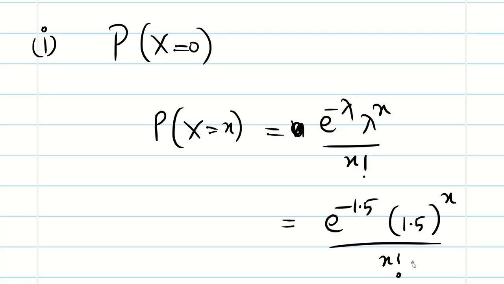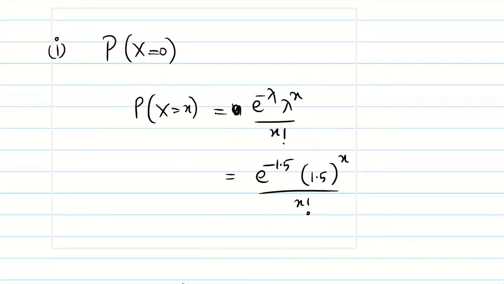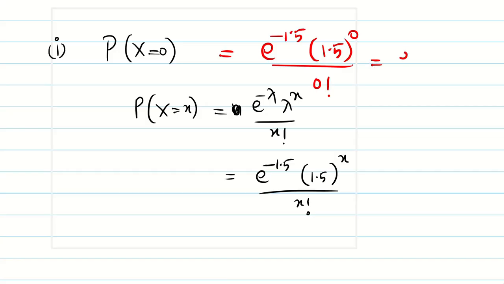As I said, use the calculator tricks and you can easily find the solution. According to our problem, x value is 0, so e power minus 1.5 times 1.5 power 0 by 0 factorial. It is simply e power minus 1.5. Using your calculator, you can immediately get the solution.